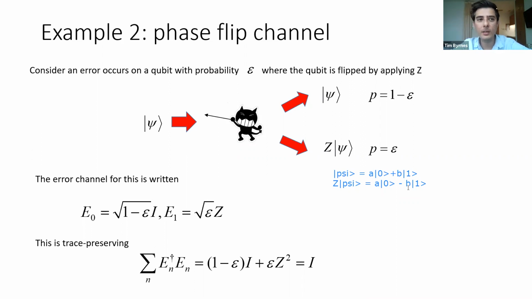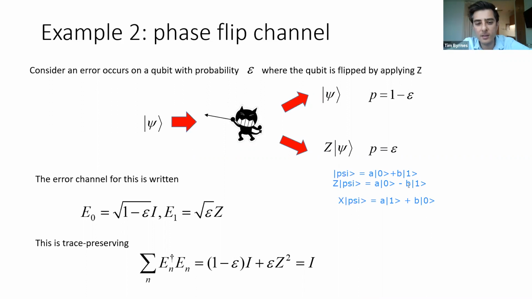Because we're so used to thinking classically, we think the bit flip error is a little more serious than phase flip, because changing 0 to 1 seems like a more serious error than just changing the phase.